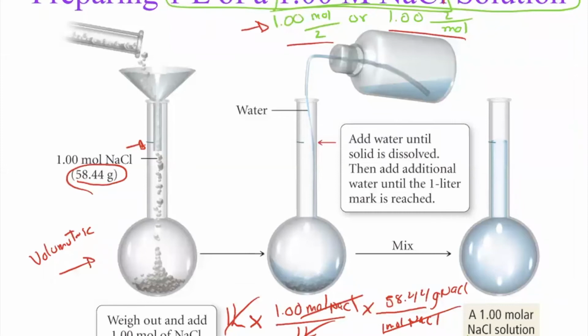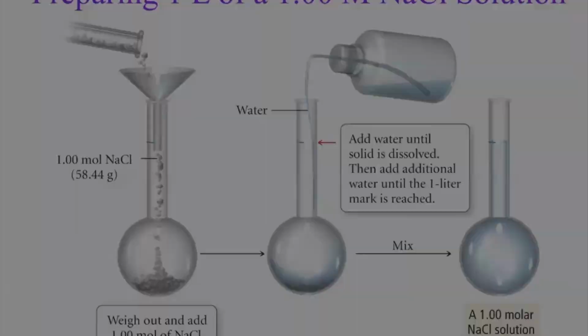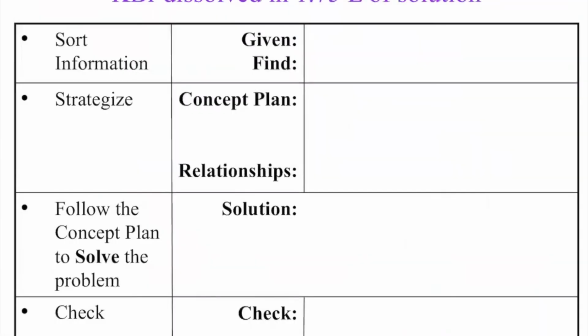All right, let's try an example. Notice here it says find the molarity. That means they're asking you to find M. Remember, M equals moles over liters, so you need to end up with those two units. In this case, they are giving you grams and the liters.